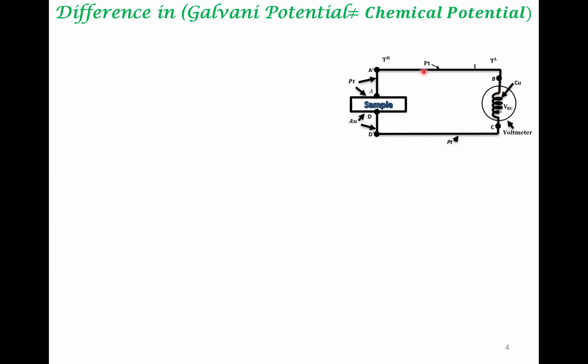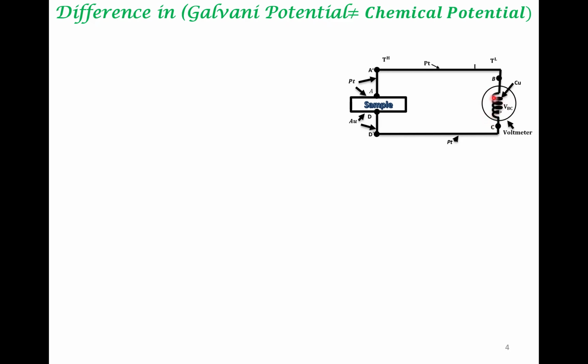So, typically we use gold and platinum because of their inherent stability, and copper is used because it is relatively cheap, much cheaper compared to gold and platinum, and it is relatively stable in the environment that is inside a voltmeter.